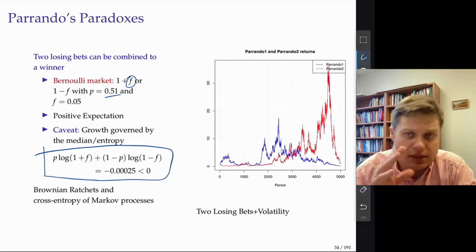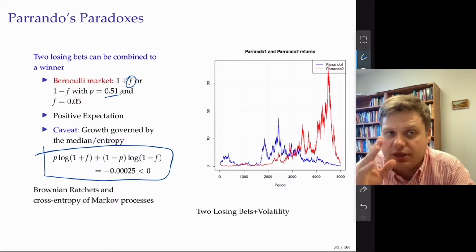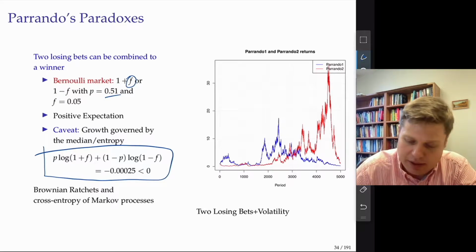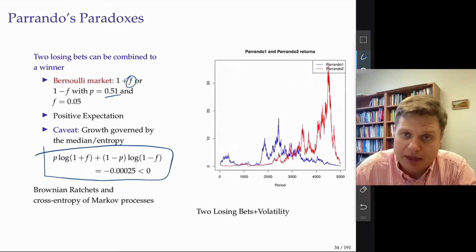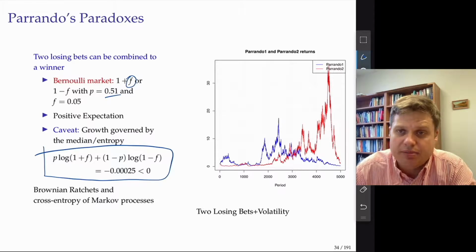And this game has a somewhat complicated design. And of course, it's artificially designed. So that's how we can have this strange result. But anyhow, the design of the second game is the following.